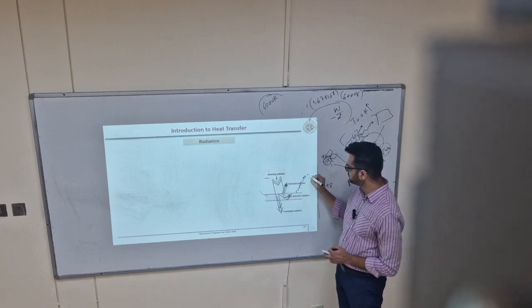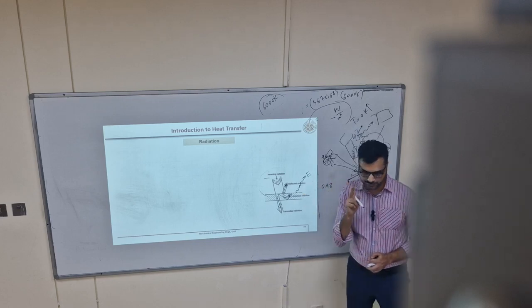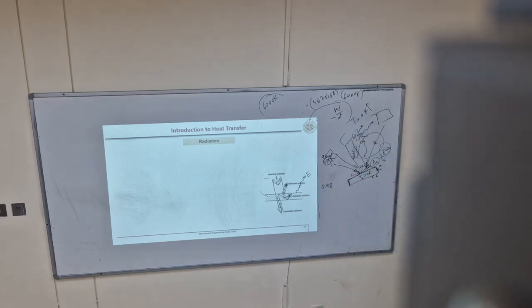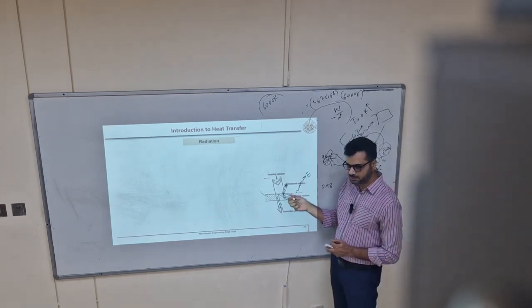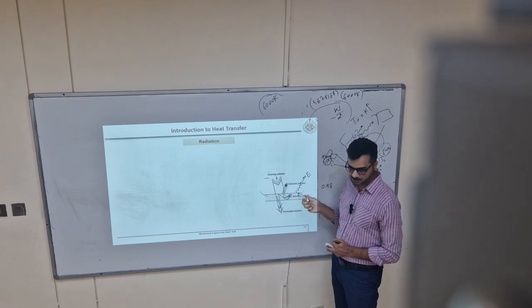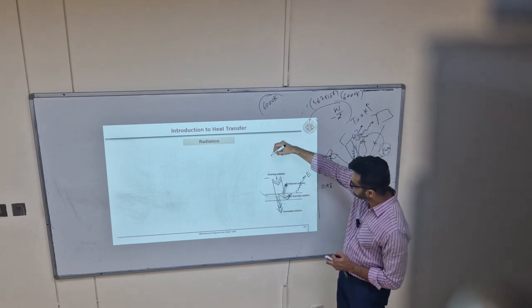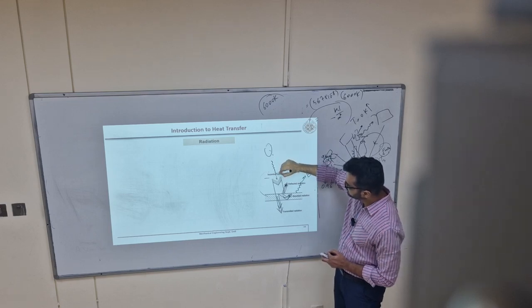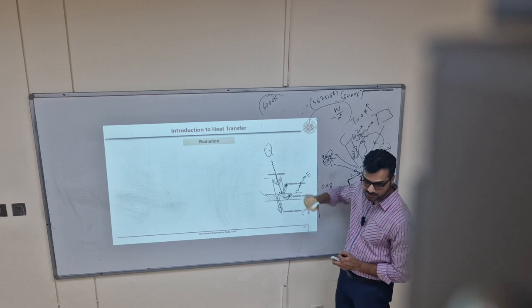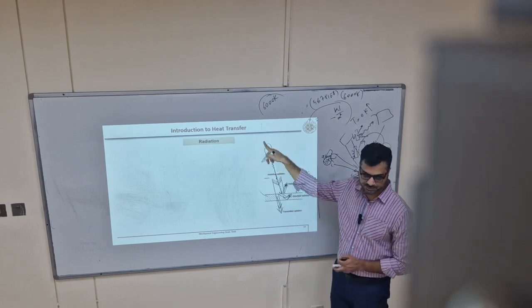Reflection and emission are two different phenomena. So this is normally a confusion. We normally treat reflection and emission as the same. No. For example, this is a radiation coming from the sun. Sun radiation is normally short wavelength radiation because here the temperature is much higher.